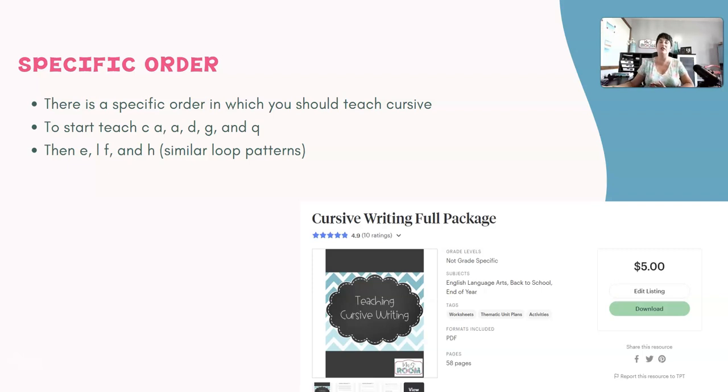To start, I always teach C, A, I have A twice, D, G, and Q. And then E, L, F, and H, because they have similar loop patterns. And in my Cursive package, it goes into more detail on which ones and why. But essentially, there's a specific order that I teach them in, and those are the ones that students practice the most.